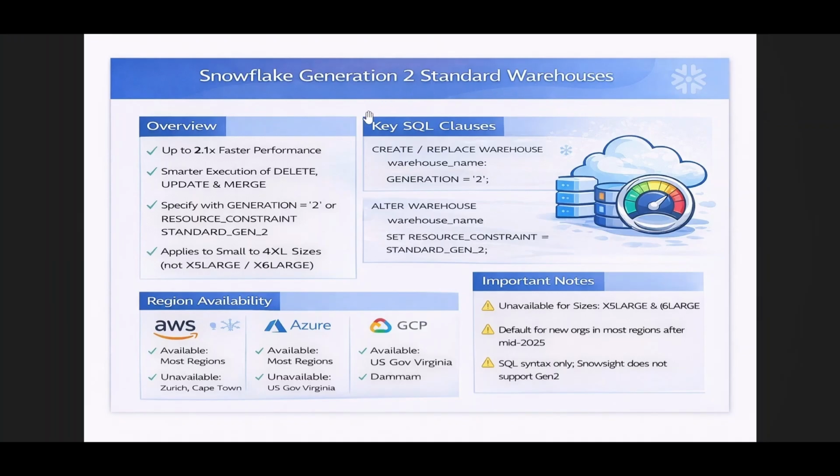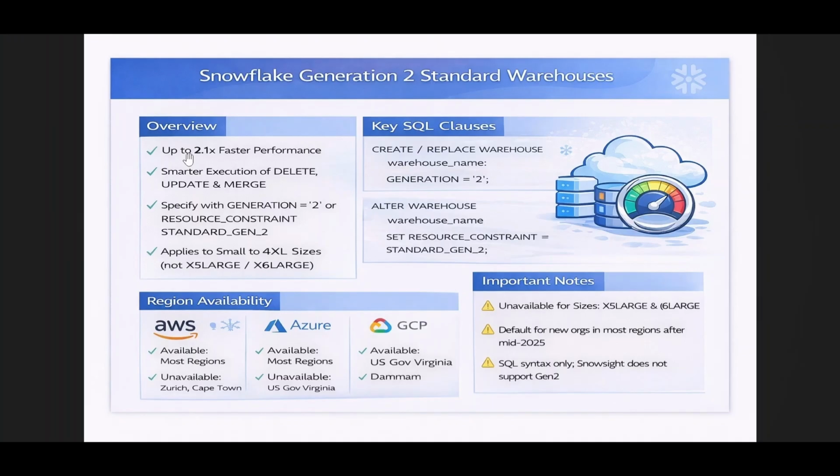They are designed to deliver better performance for analytics and data engineering workloads. It's built on faster underlying hardware and includes smarter execution optimizations, especially for heavy operations like table scans, deletes, updates, and merges. In many cases, this can result in up to 2.1x faster performance, and more importantly, it allows you to do more work concurrently on the same warehouse size.